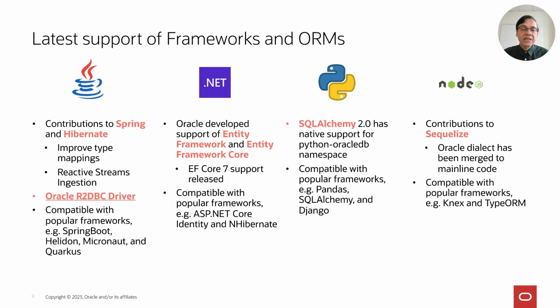We have also released a Reactive Streams ingestion library, which allows you to have a very high-speed, highly performant ingestion into Oracle database, and which is shard aware. And we are also looking into integrating that with Spring. We have released the Oracle R2DBC driver, and we'll talk about it later.